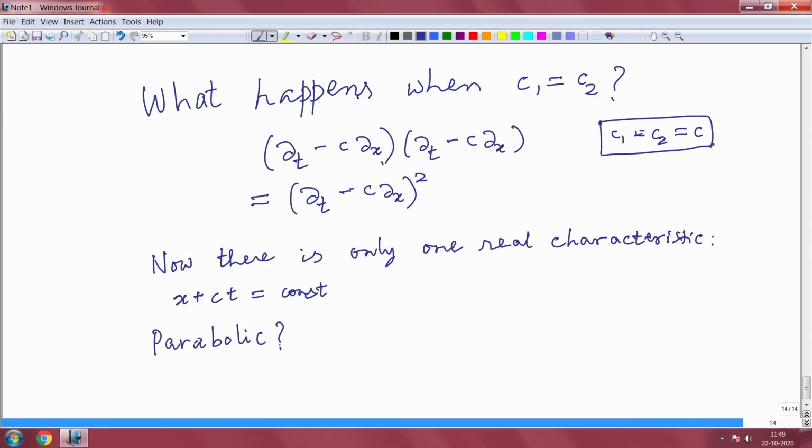Okay, that is the question, and this is this equation. So, we will continue the discussion on this double characteristic problem in the next class. So, thank you.